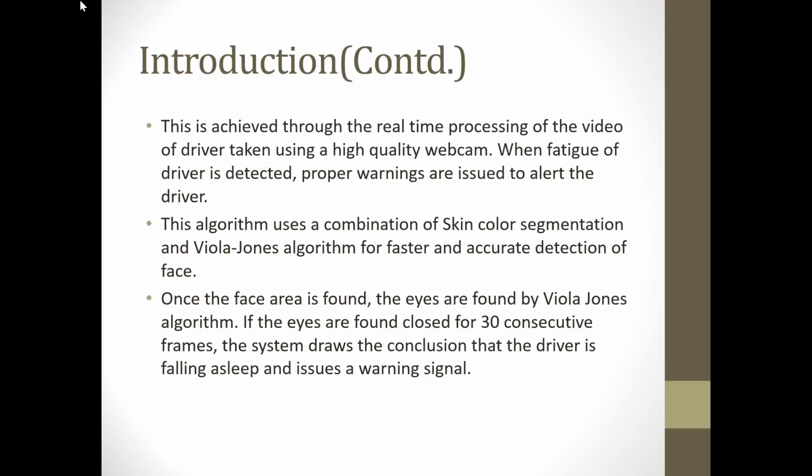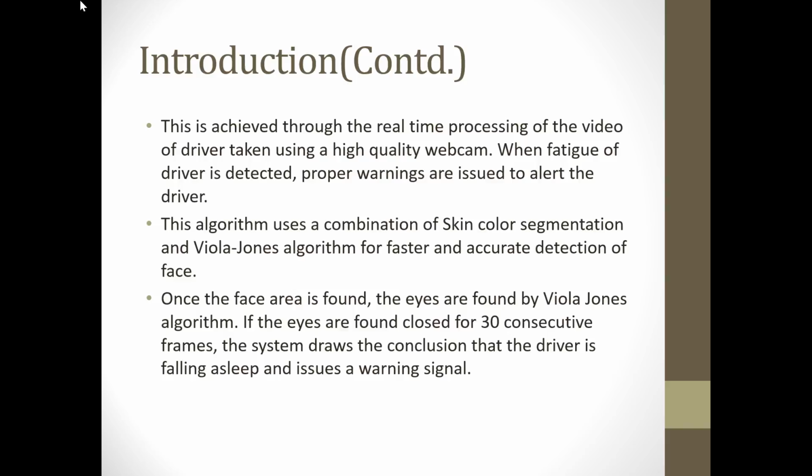The eye state is determined by real-time processing of the video of the driver with the help of a webcam in the car pointed towards the driver's face, without interrupting or disturbing the driver. This is achieved by a combination of Viola-Jones and skin color segmentation, which is used for faster and more accurate detection of the face with the background of the rest of the car still being captured.